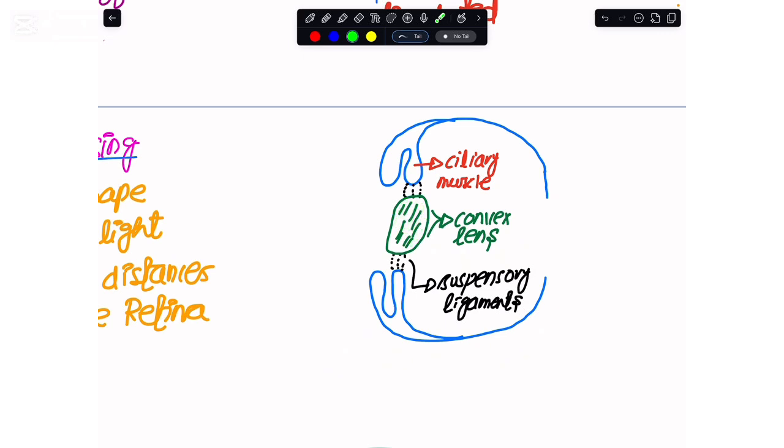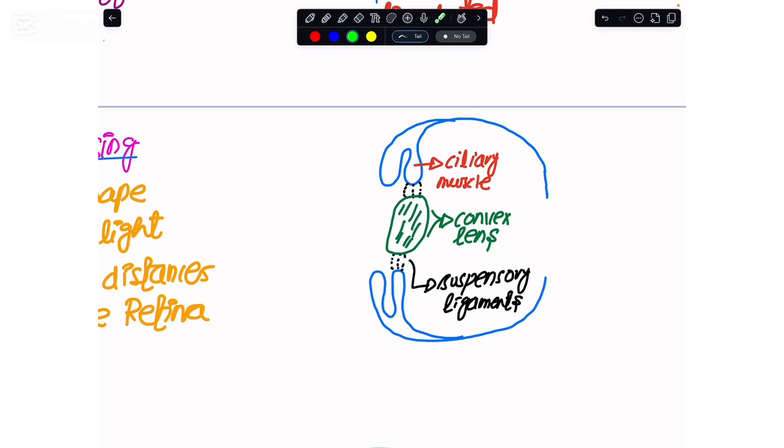This means that if I have to elongate or slacken the lens, the suspensory ligaments have to be pulled. When they are pulled, the convex lens becomes thin, elongated, or slackened.